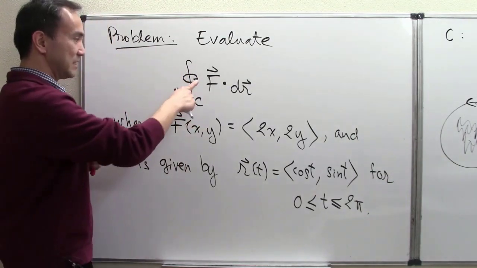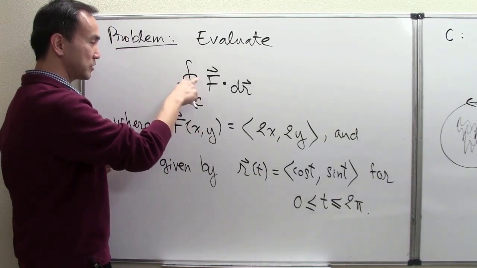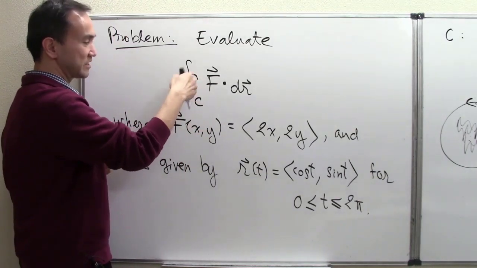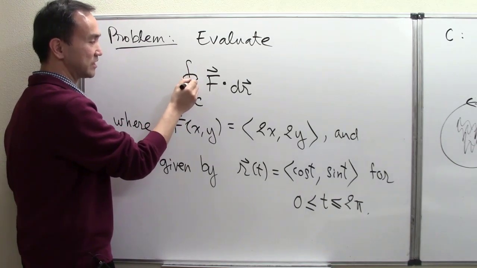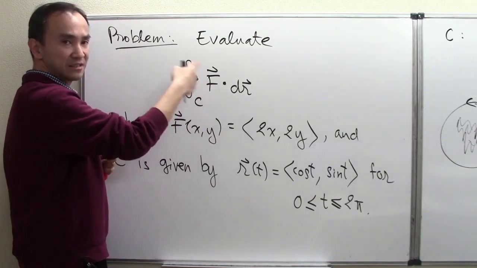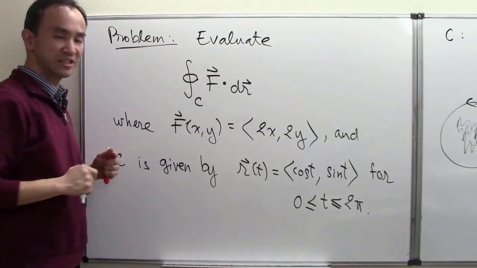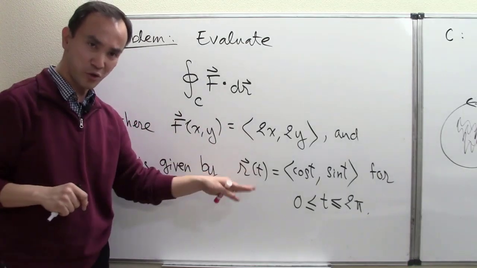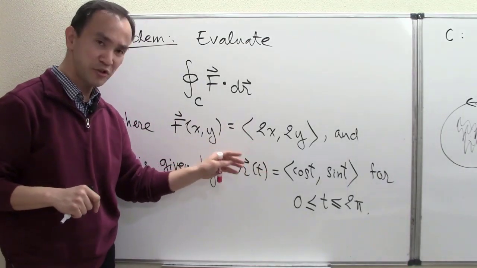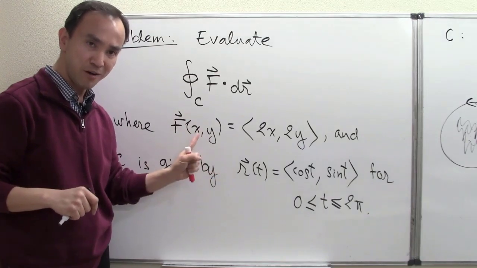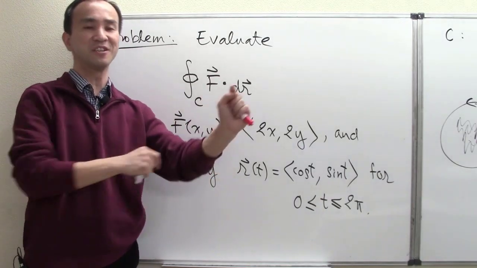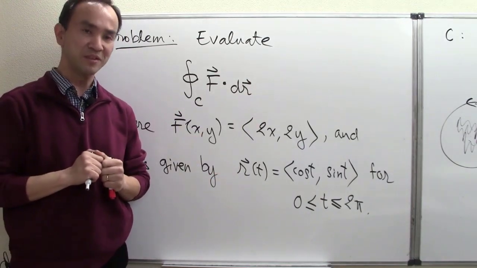Most of the time when we see a circle, we can assume it's positively oriented, unless there's some special indication or instruction somewhere in the problem that it's a negatively oriented curve.